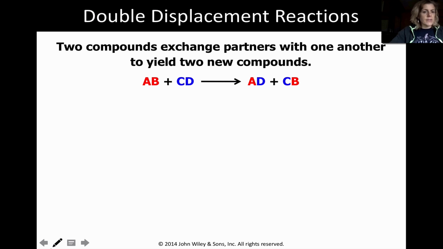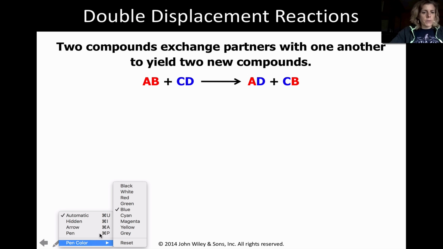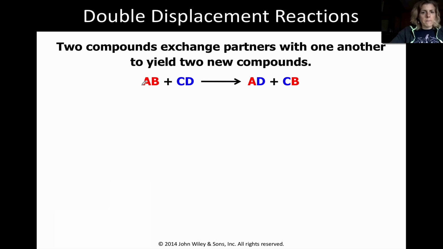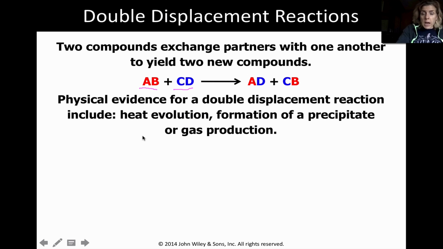Okay, this is the last type of reaction that you need to know for this section. When we're looking at double displacement, notice we have two sets of partners, and they're essentially switching with each other. A is switching with D, and C is switching with B. How do you know? Well, these are the telltale signs.